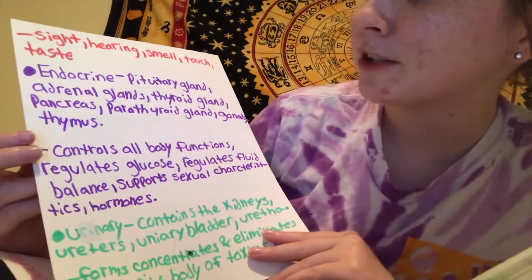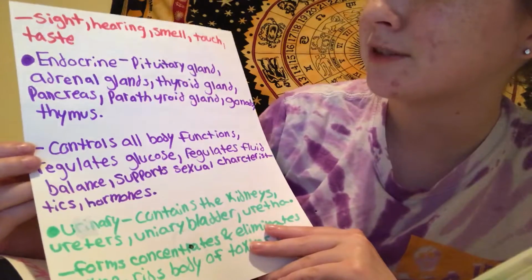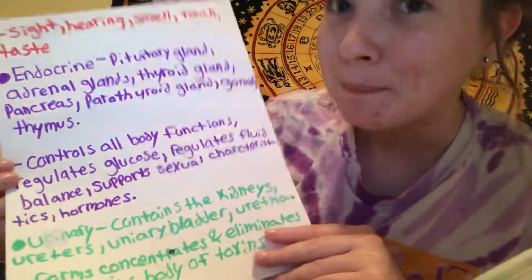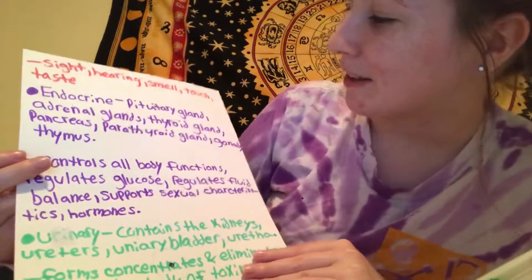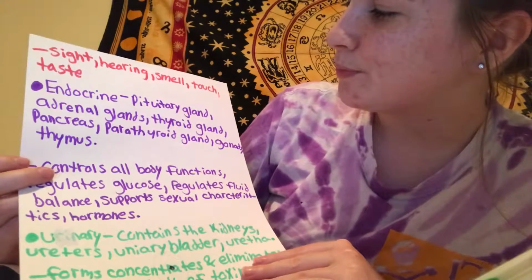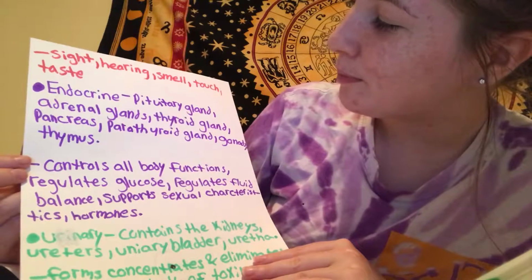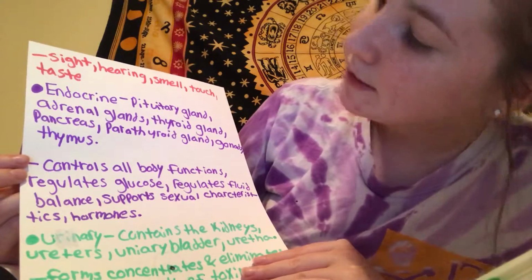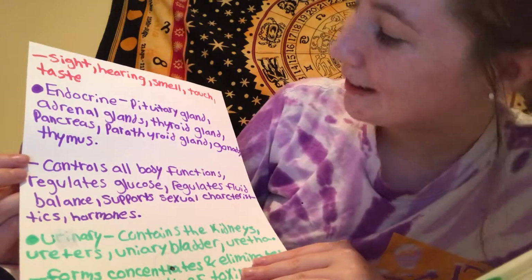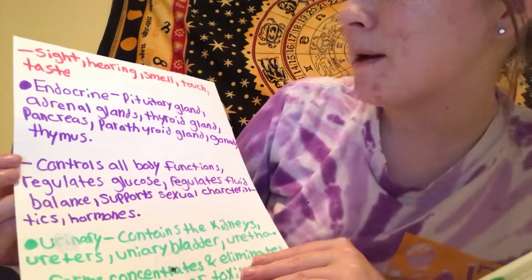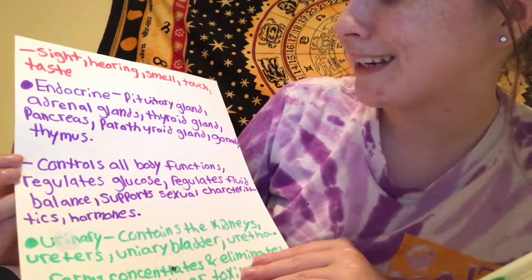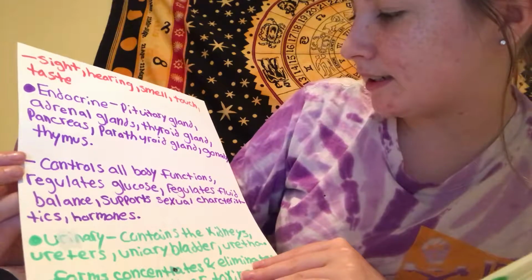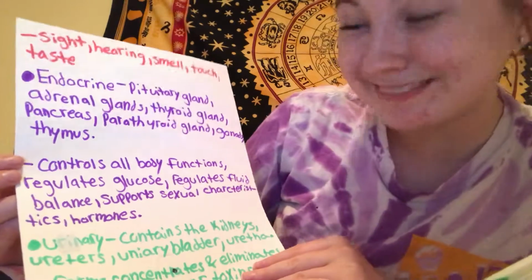The next system is the endocrine system. I'm butchering these words, but I'm trying. So it contains the pituitary gland, adrenal gland, thyroid gland, pancreas, parathyroid gland, and the thymus.